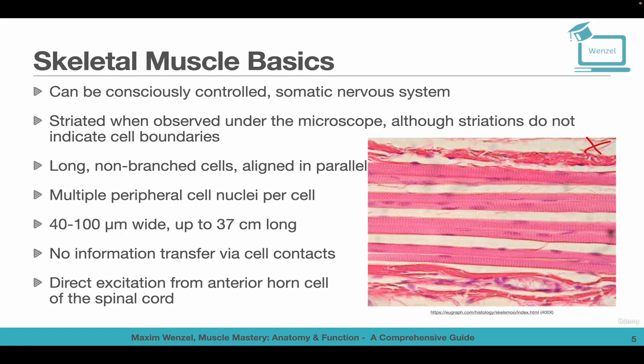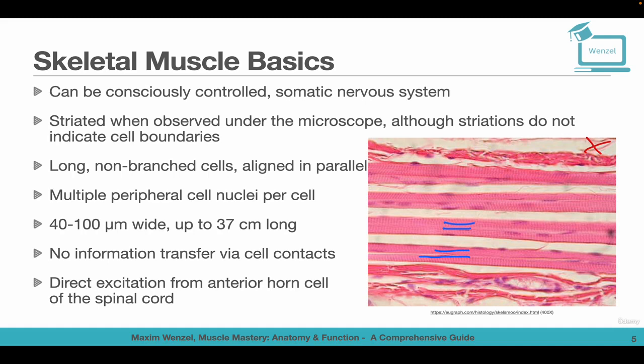So the muscle cell itself is long and consists of non-branched cells which are aligned in parallel, as you can see here. They are aligned in parallel when you look at them under the microscope. So we will have multiple peripheral cell nuclei per cell.